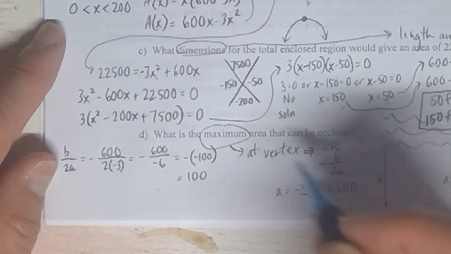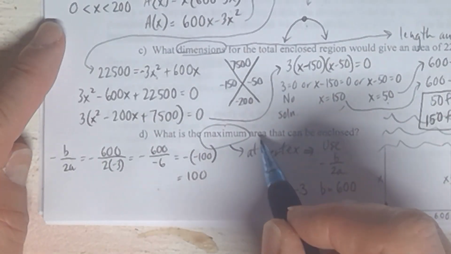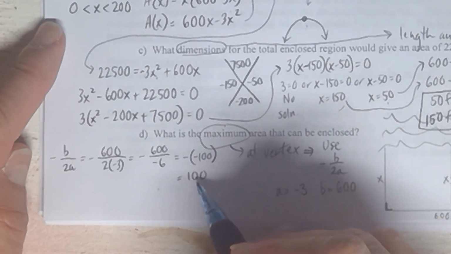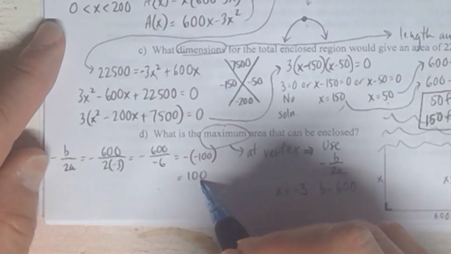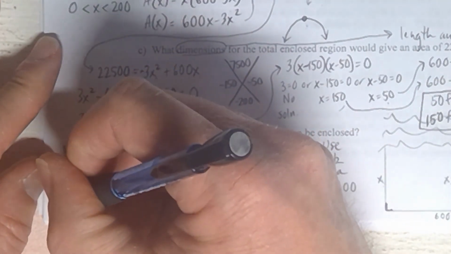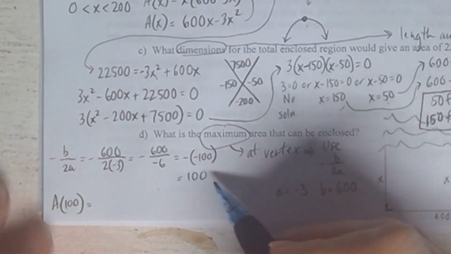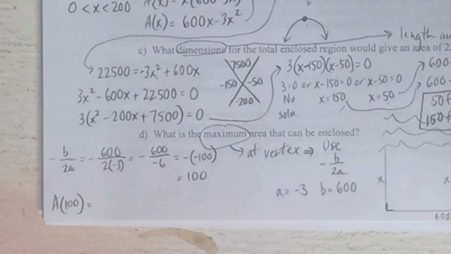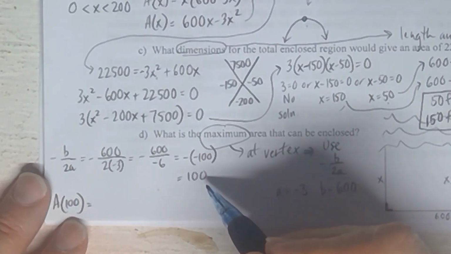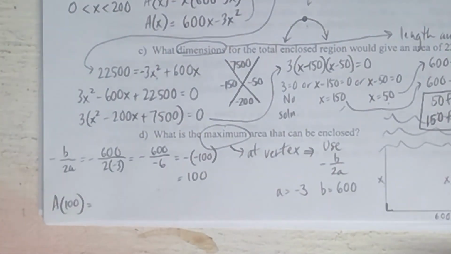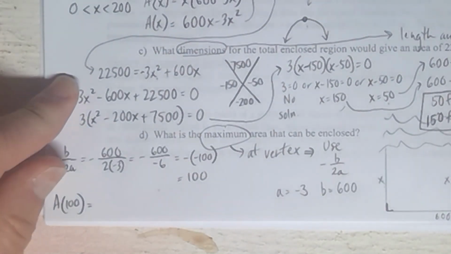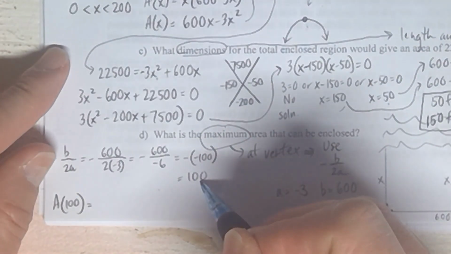Okay, so that is the x coordinate of the vertex. But as you guys know, the maximum occurs at the y value. We just use the x part of the vertex to find that y value by plugging it in. So the maximum occurs at x equals 100, but the actual maximum value itself is the y value you get when you plug that x value in.